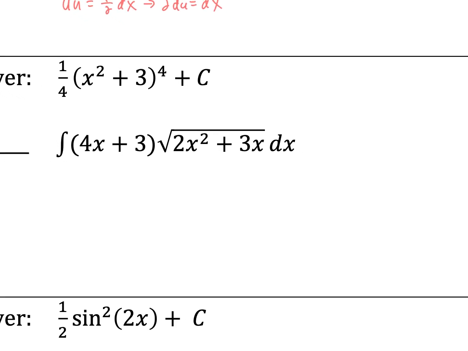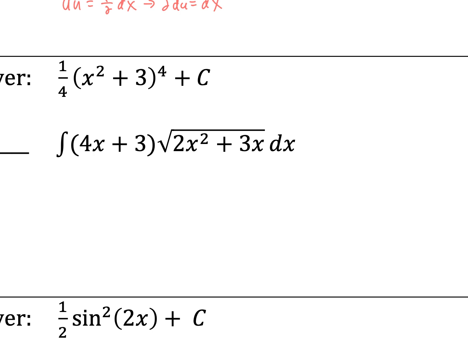Okay, so this should be something that you just kind of notice, that if you make u the inside of this square root function, just take a second to take the derivative, right? You can see if you take the derivative of this inside, it's going to be 4x plus 3, which is perfect. That's that exact outside. If this 3 was a 2 or a 4 or something, this problem might not be possible to integrate.